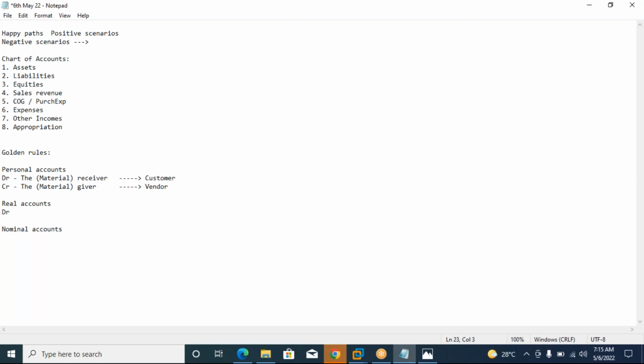Next, real accounts. Can anyone help me? Debit what comes in and credit what goes out. You need to apply this simply on the balance sheet.